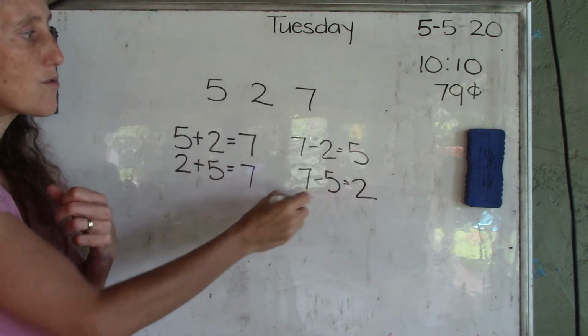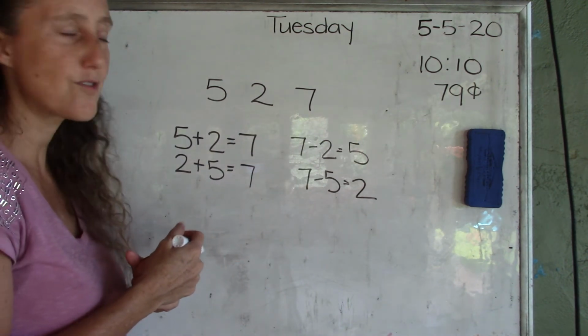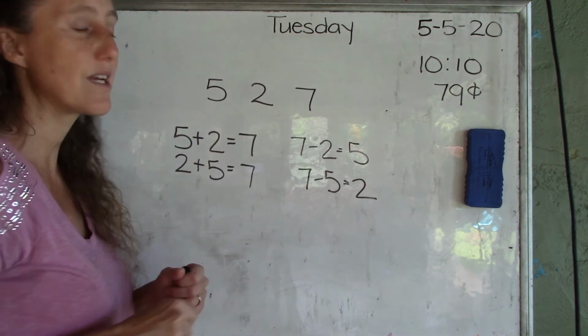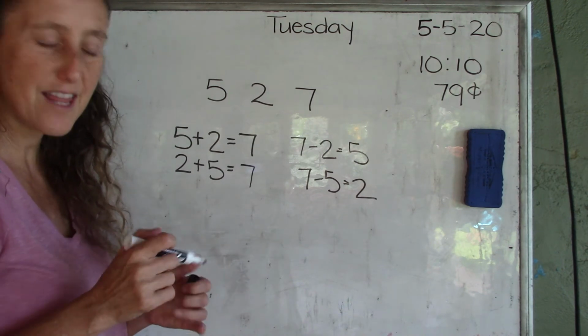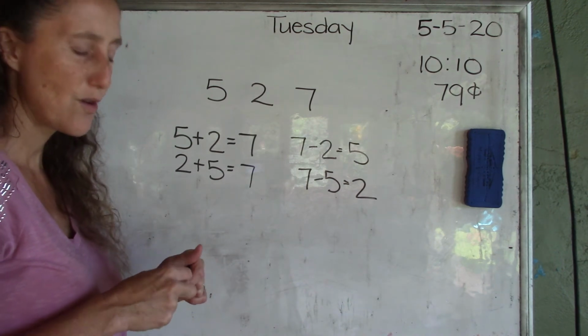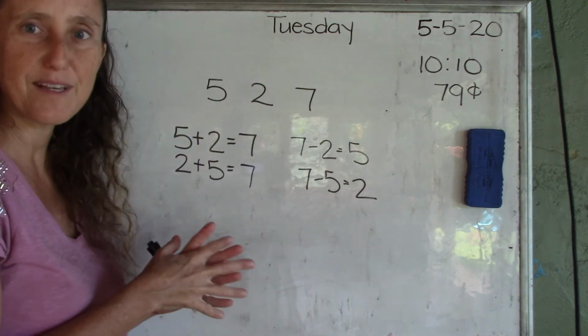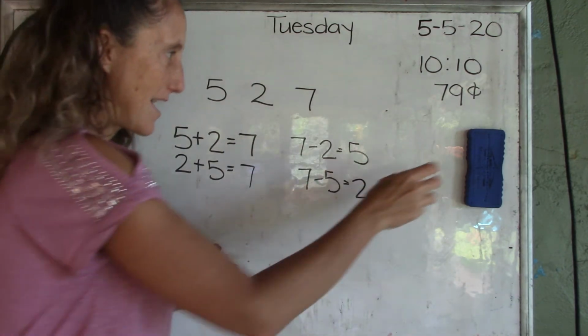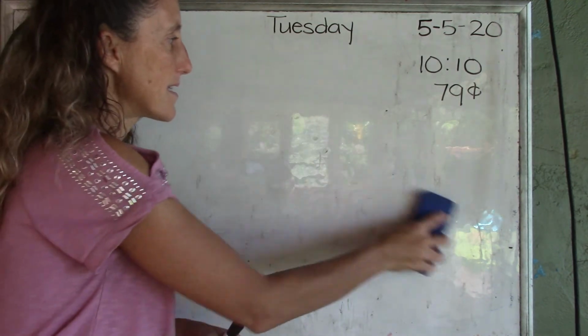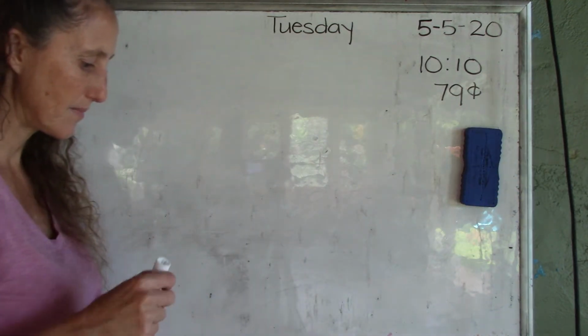These are all true, right? They're all true, and they're all using just these three numbers. So you can try that. There's lots and lots of different fact families you can make. But this is one of them that we did today. So excellent work.